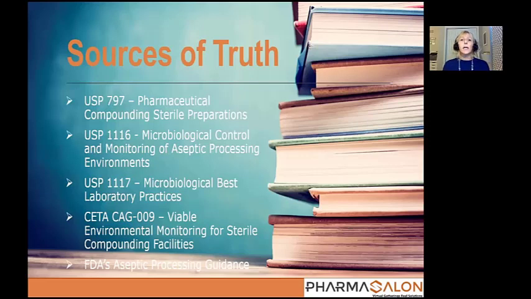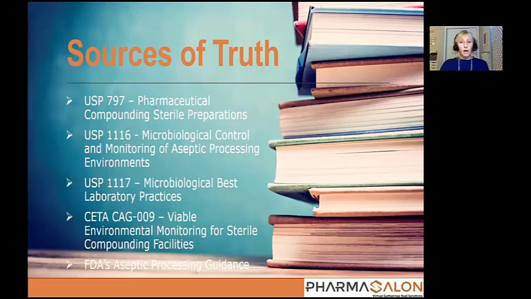Also listed is USP 1116, which will cover everything you would want to know about environmental monitoring, but it is specific to aseptic manufacturing environments. So you have to go into it understanding that this is not going to be exactly for you from a sterile compounding standpoint, but it's going to give you a lot of good information.